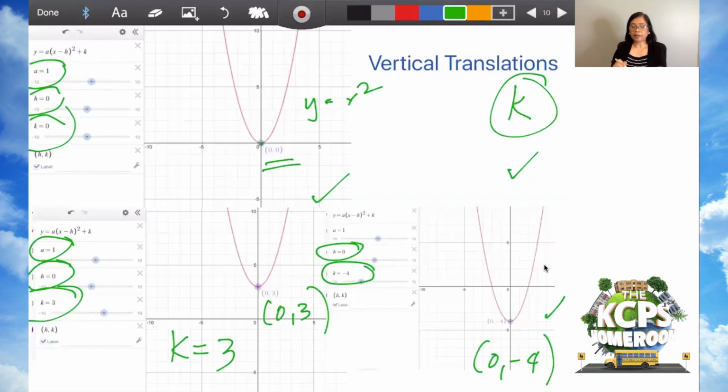So this vertical translation, when we change the value of k, moves the graph up or down. Take down some notes before we move on to graphing this using the Desmos Calculator.